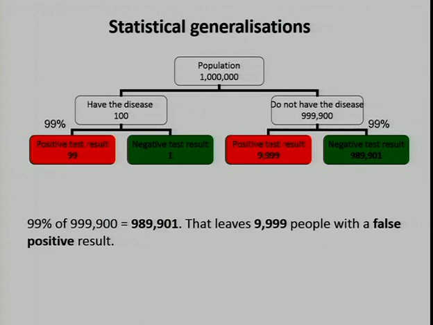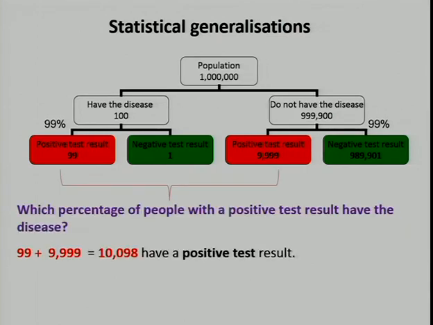Yeah. So then you've just applied what the text has told us to this fictitious population. And this gives you the resources to answer the question that we actually wanted to answer. So how many people with a positive test result have the disease? Well, we can see that it's these 99 here, but it's also this huge group over there, right?